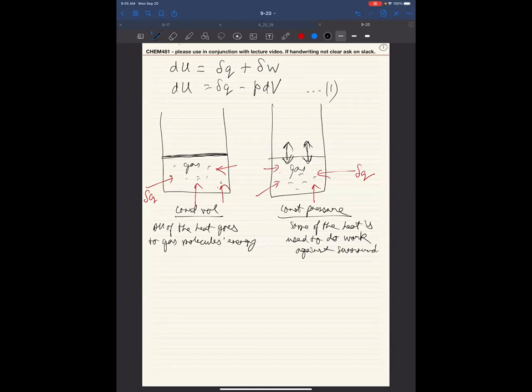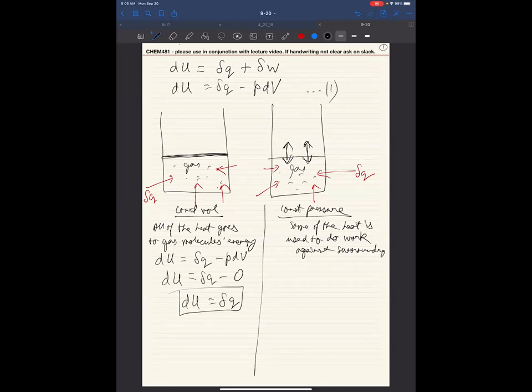So in this first case, we can see it's a constant volume process. So dU is equal to delta Q minus PdV can be written as dU is equal to delta Q minus 0, because dV is equal to 0. It's a constant volume process. Or dU is equal to delta Q. So we get this very interesting relation that all of the heat given to the system goes into increasing the internal energy of the system.